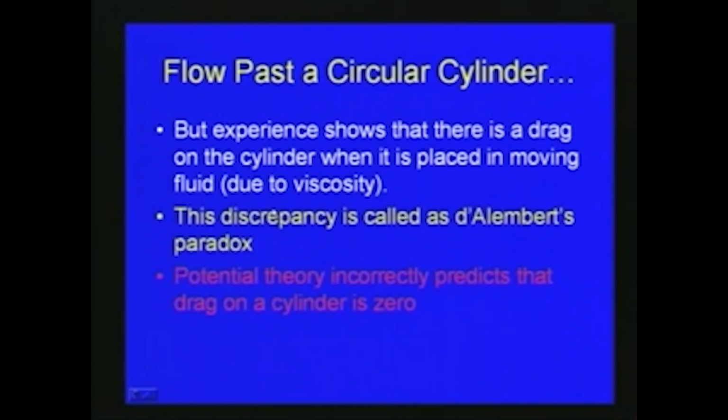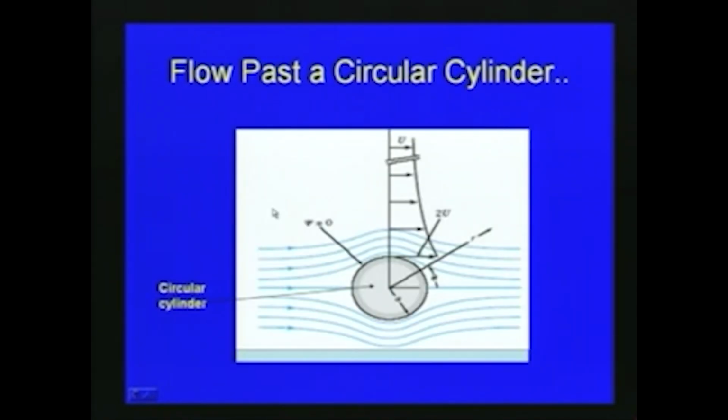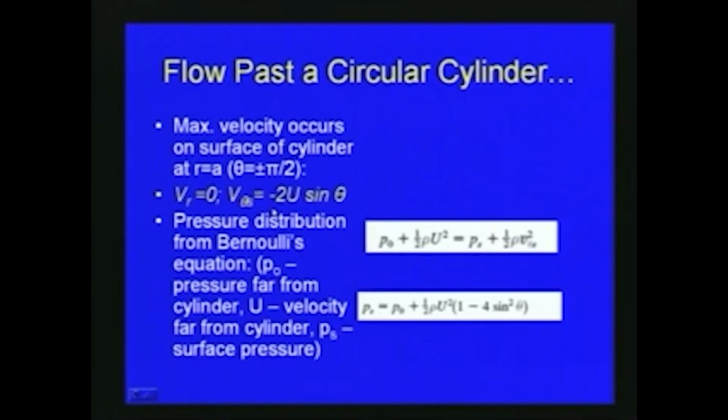Also, for flow past a circular cylinder, we can obtain the pressure distribution from Bernoulli's equation. With respect to the previous figure, we can write P0 plus half rho u square equal to Ps plus half rho V theta s square, where V theta is already defined here.